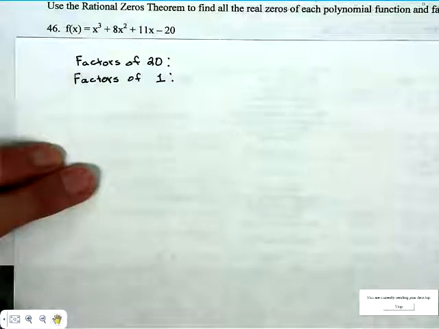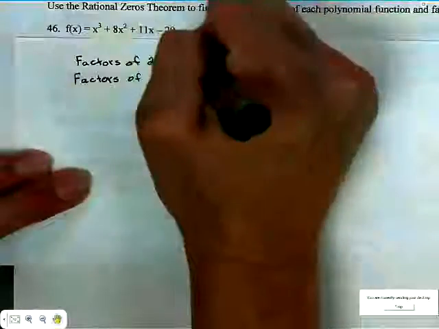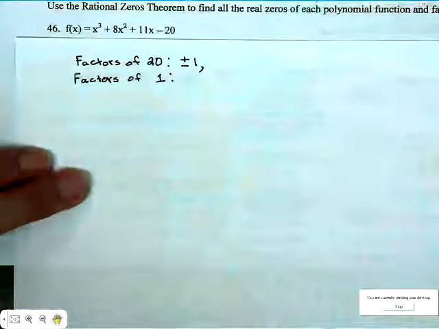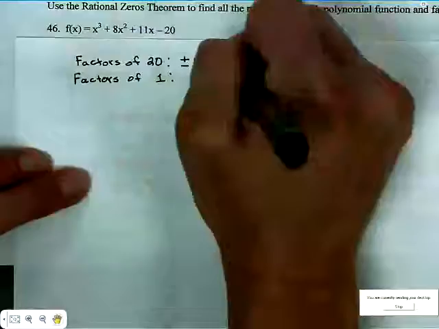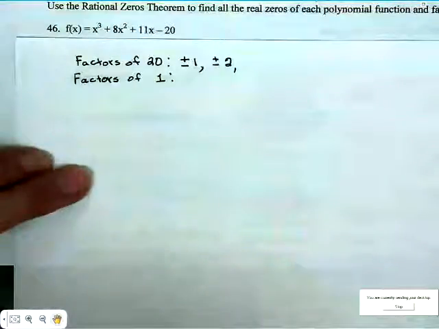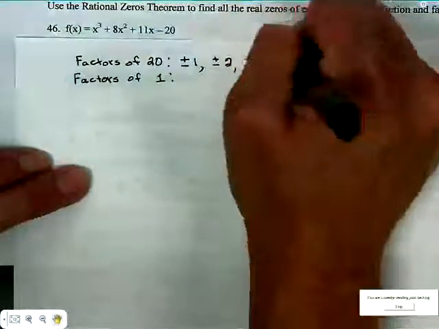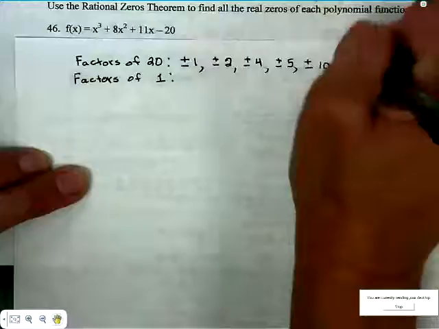The factors of 20, I'm going to list the positive or negative, because positive 1 and negative 1 are both factors of 20. Positive 2 and negative 2 are both factors of 20. Plus or minus 4, plus or minus 5, plus or minus 10, plus or minus 20.